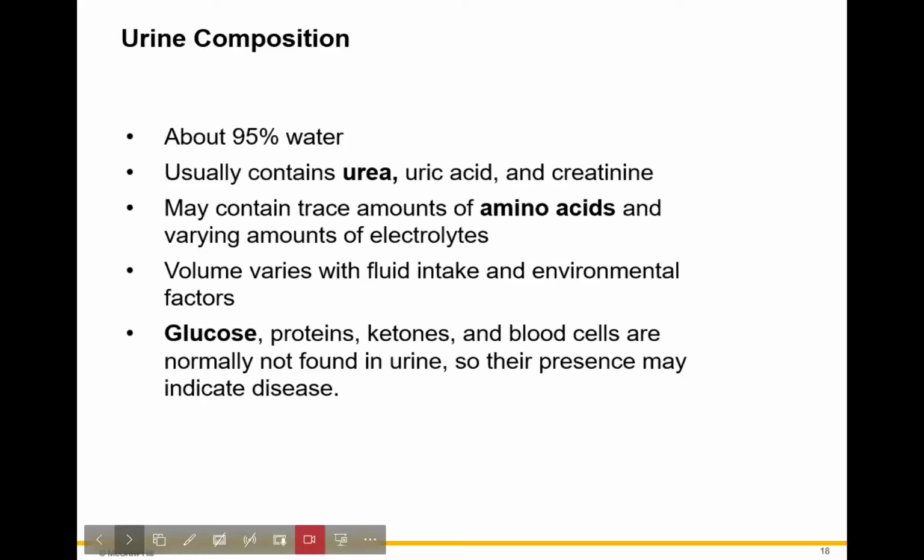But if you just pigged out on all your Halloween candy, you may end up with some trace amounts of glucose there. So urinalysis, excuse me, urinalysis is kind of a screening procedure. Having glucose, proteins, ketones may be based on something you ate, but you should not ever have red blood cells or white blood cells unless you have some type of infection.